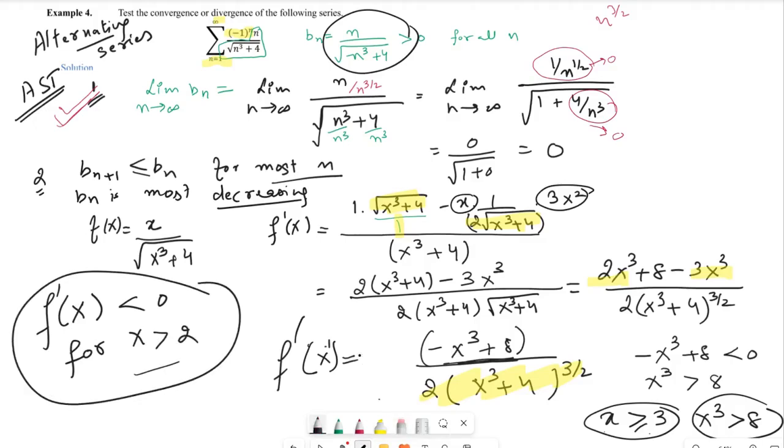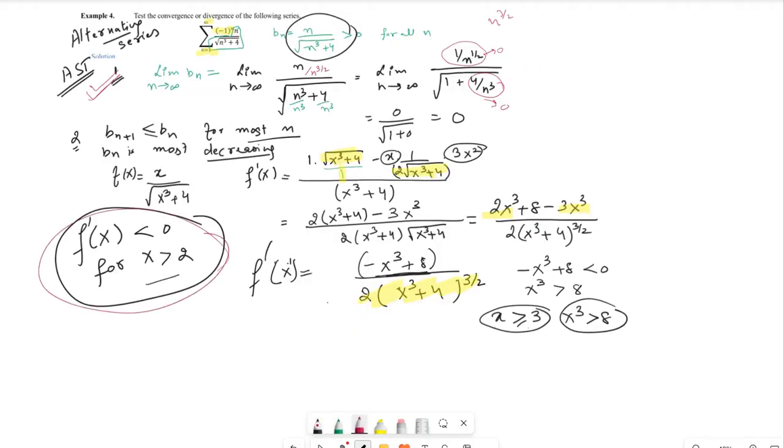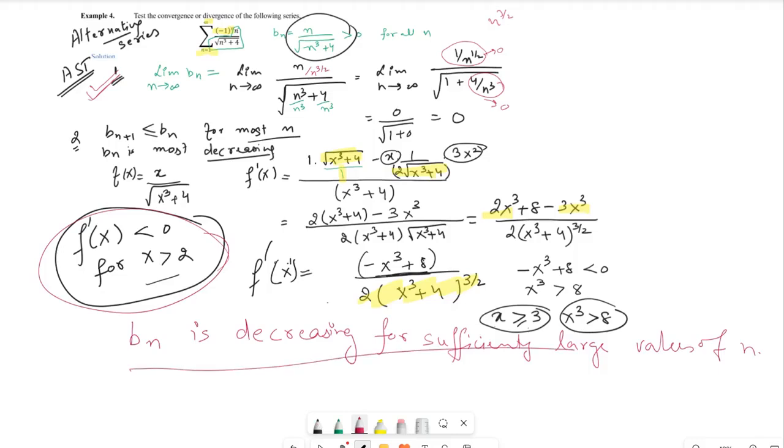So just for two terms like 1 and 2, this is not decreasing, but using this part, we can claim that Bn is decreasing for sufficiently large values of n. Basically, we are saying for most values of n.